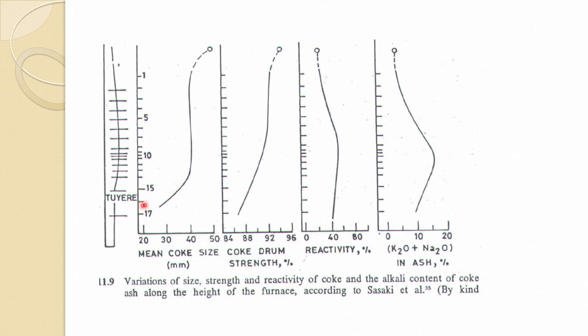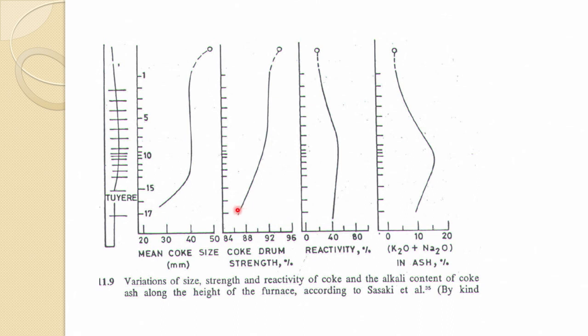So, this shows most of the reduction of this coke is occurring from, I would say, valley region to TUL region rapidly, and a little bit here, but nothing much in the thermal reserve zone. Same thing, you can see the coke drum strength is quite good until stock line, but once it comes to the cohesive zone, it decreases, but still it has maintained near the TUL level almost 86.